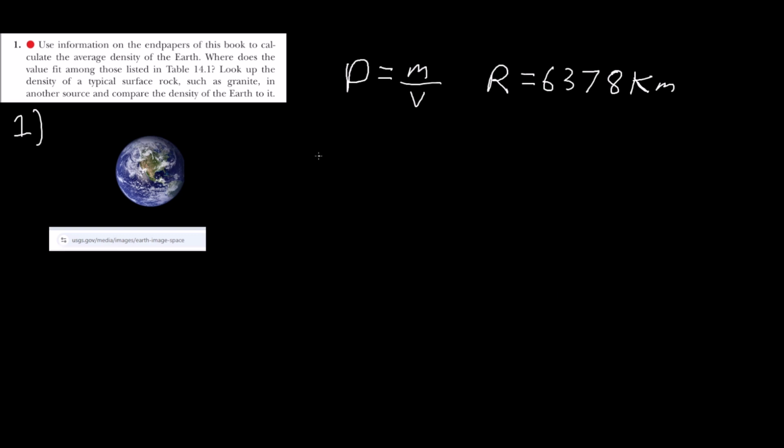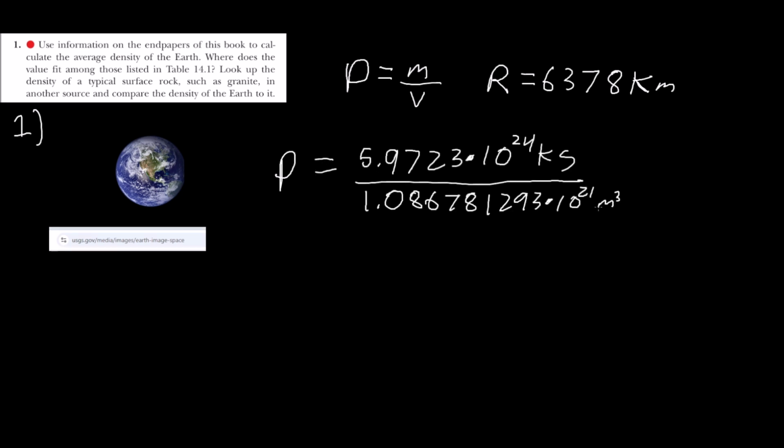So the density is going to be the mass over the volume, which is 5.9723 times 10 to the 24 kilograms, divided by 1.08678123 times 10 to the 21st meters cubed.